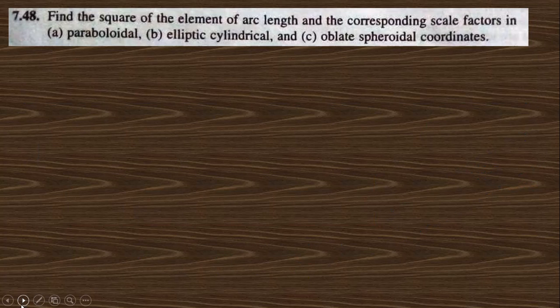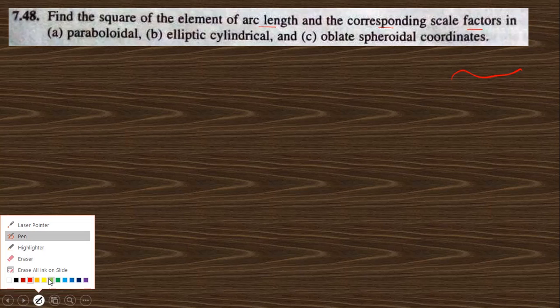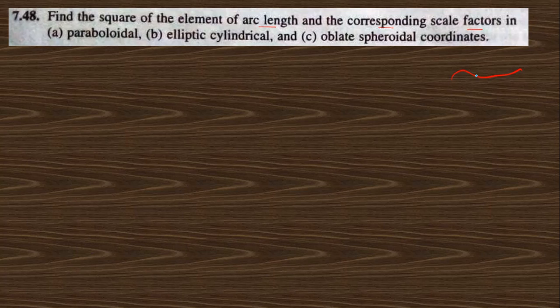This question says find the square of the element of arc length and the corresponding scale factors in this coordinate system. Arc length means if there is any curve like that, and within this curve you want to find out the length, this is known as arc length. This is denoted by ds.